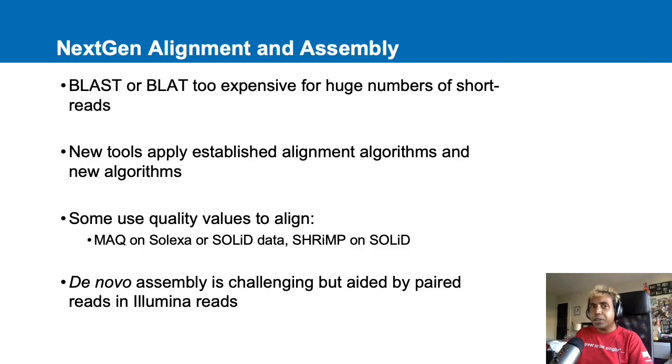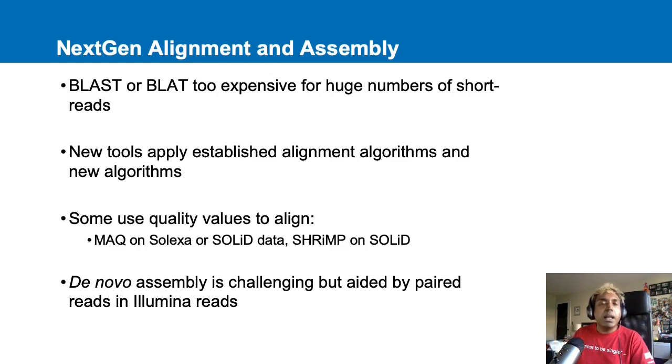When it comes to next generation alignment and assembly, traditional methods of doing alignments, like using NCBI tools such as BLAST or BLAT, can be too expensive for a huge number of short reads. Remember, these reads are about 99 nucleotides long.